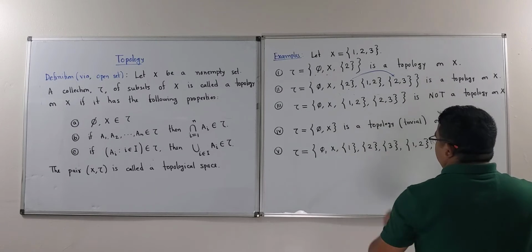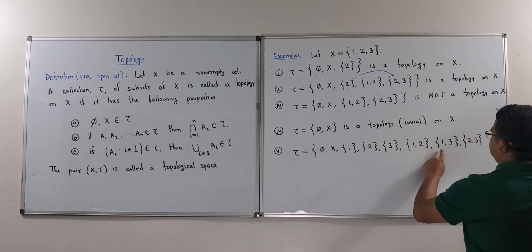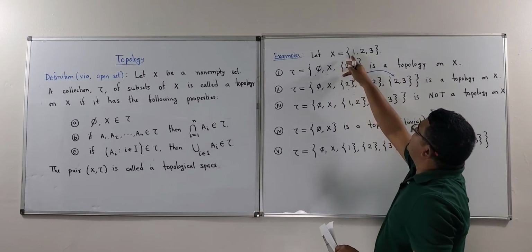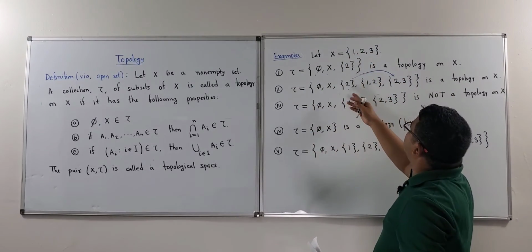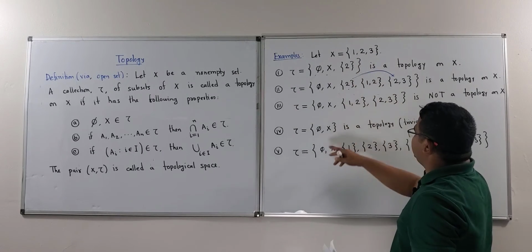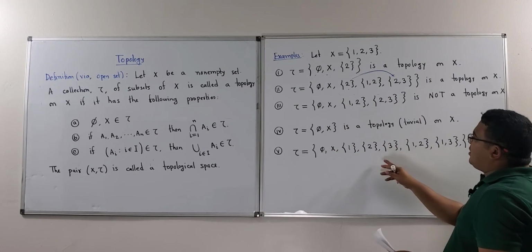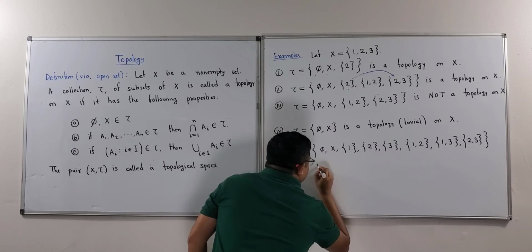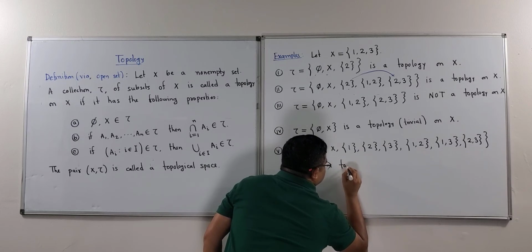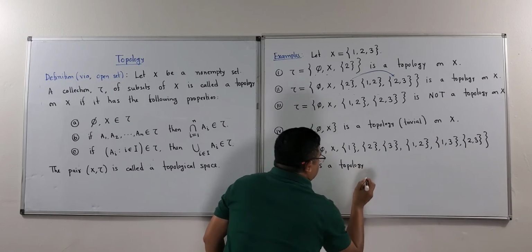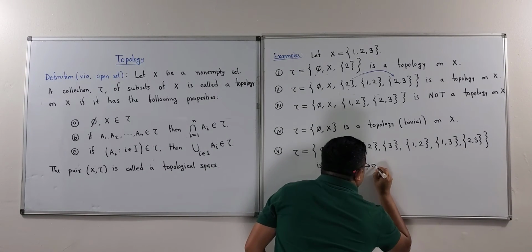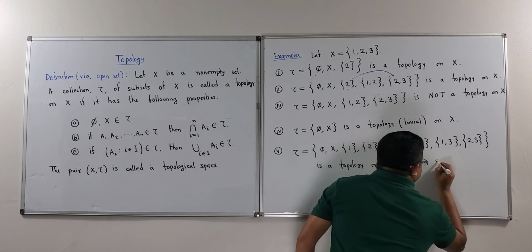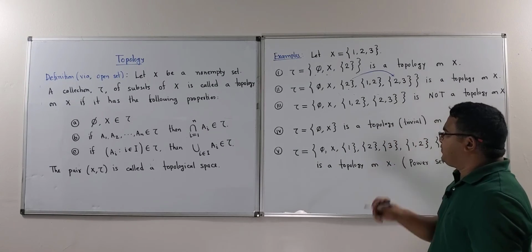Okay, so how many do we have? 1 2 3 4 5 6 7 8. So 8 elements, because we know we should have 2 to the power n subsets, and here n is 3, and 2 to the power 3 is 8. So we have 8 subsets, and this is the power set of X, and this is a topology on X. This is also called the power set topology. Thanks for watching.